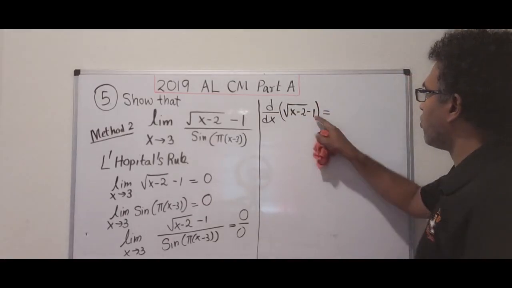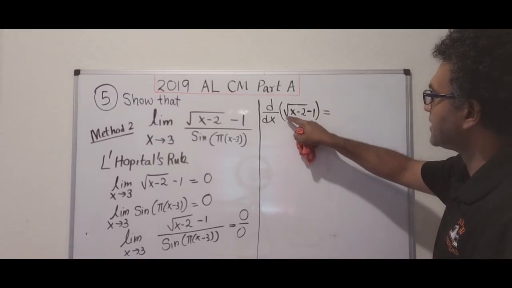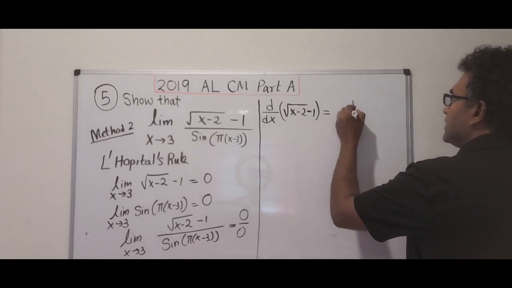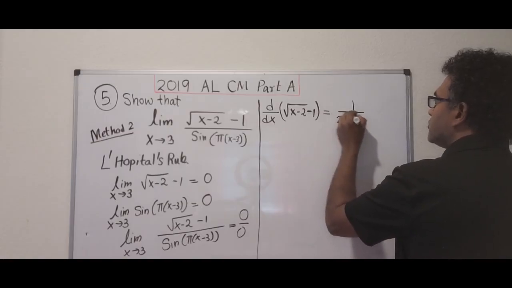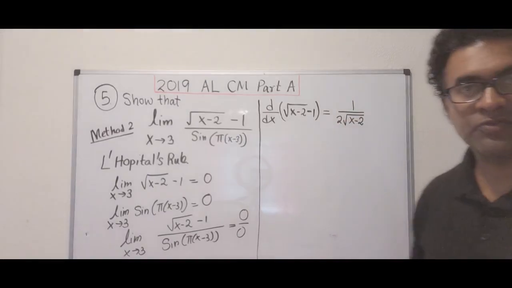The 1 is a constant, so that's going to be 0. But you take the derivative of square root of x minus 2, and there you will see it's going to be 1 over 2 times square root of x minus 2. Okay, so that's the derivative of the first term.